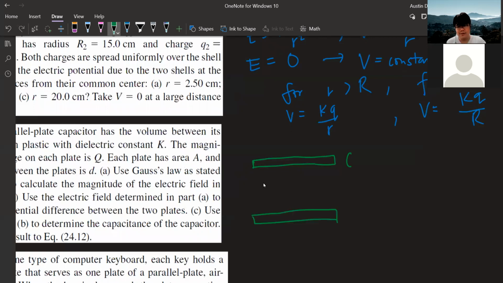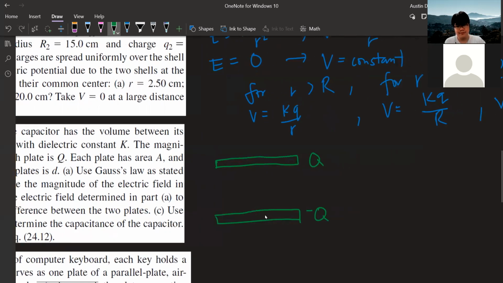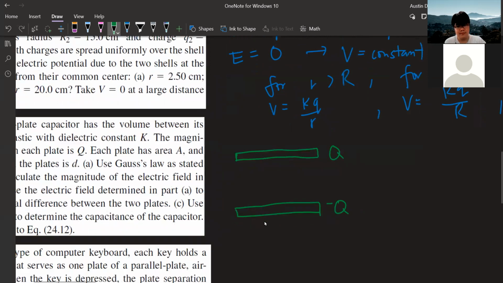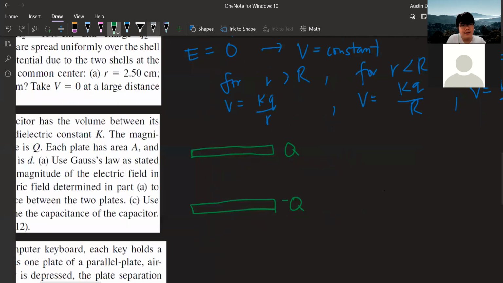So this is Q and this is negative Q. And then you fill it up with the dielectric material like that.